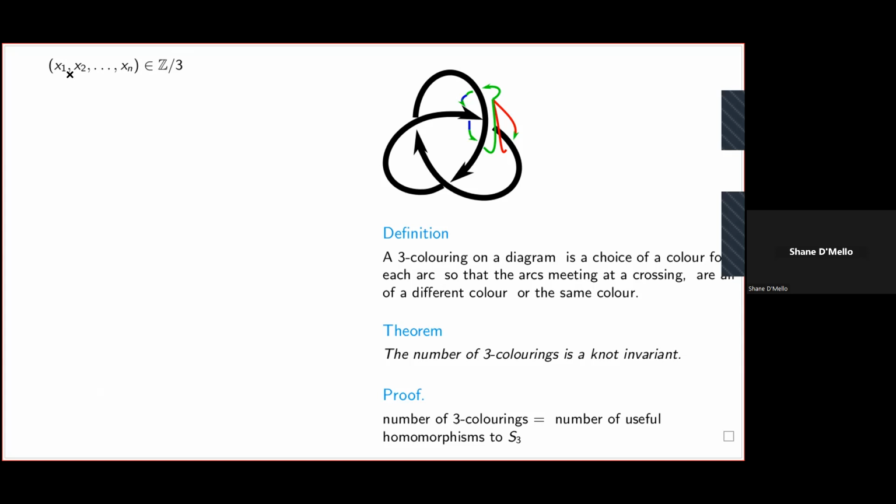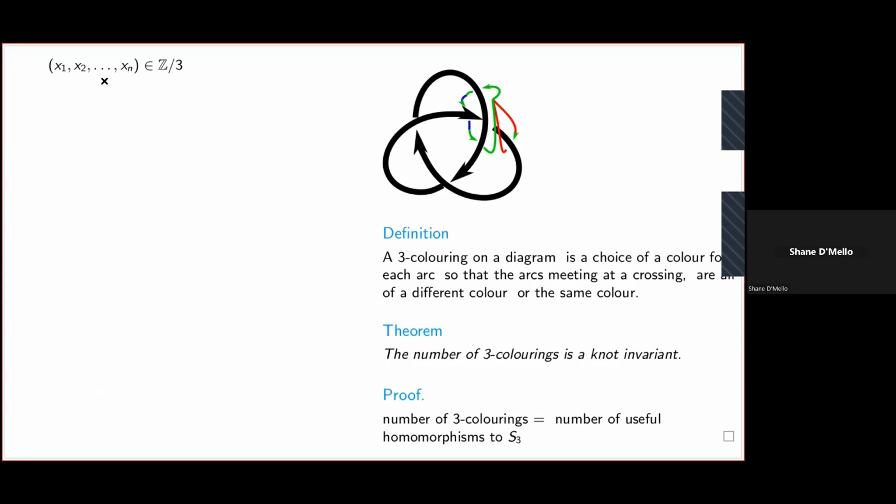They label the arcs. Each of these arcs can be labeled with a color, and a color, as we saw, is just an element of S3, particularly (1 2), (2 3), and (3 1).